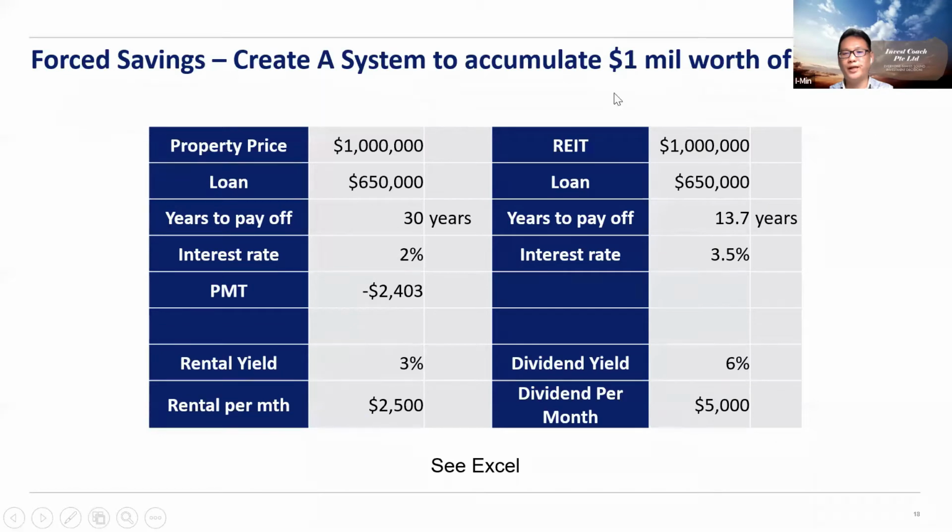You have 1 million of REITs, right? This 1 million REITs gives 6%, right? 6% of 1 million is 60,000. 60,000 divided by 12 is 5,000 per month. Yeah, correct. Thank you very much.